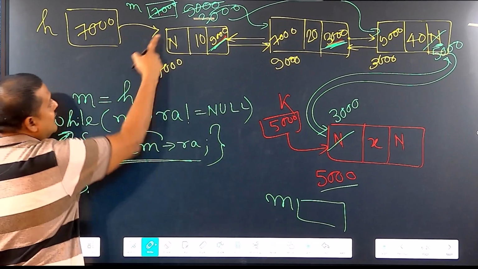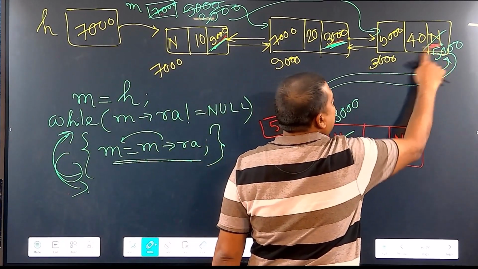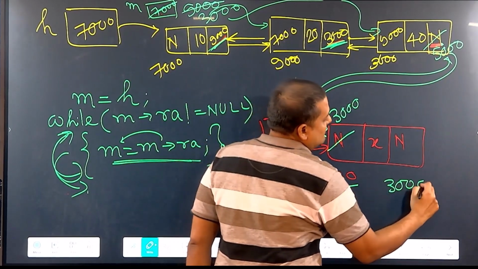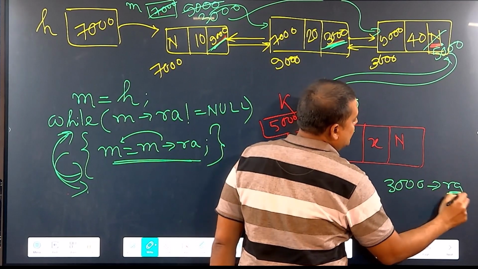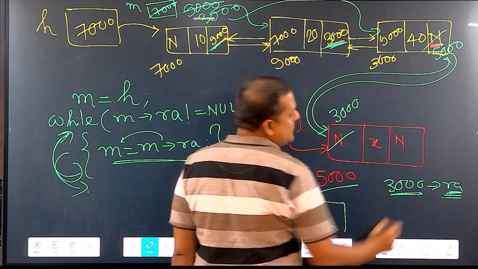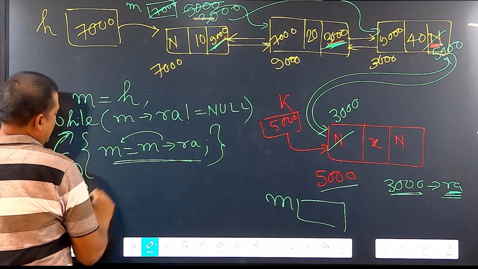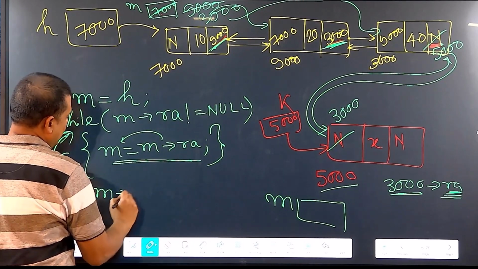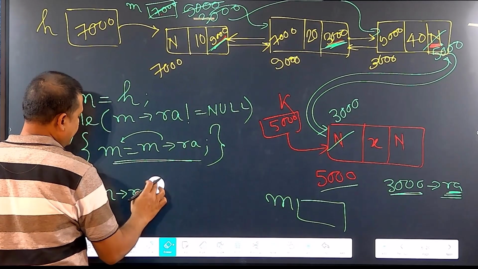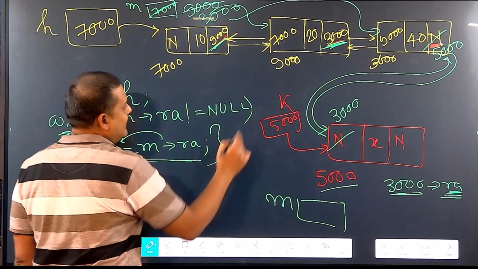So, m is holding 3000. What position do I need? This position, which is m arrow right address, 3000 arrow right address. So outside of this loop, m arrow right address is assigned by what value?